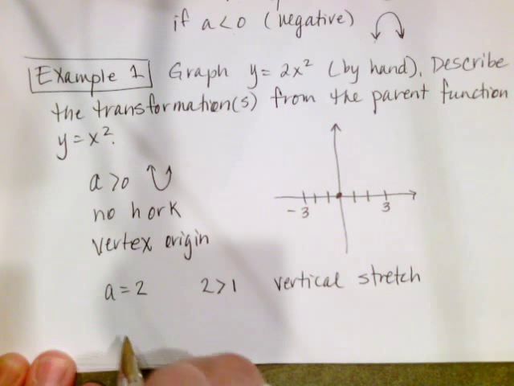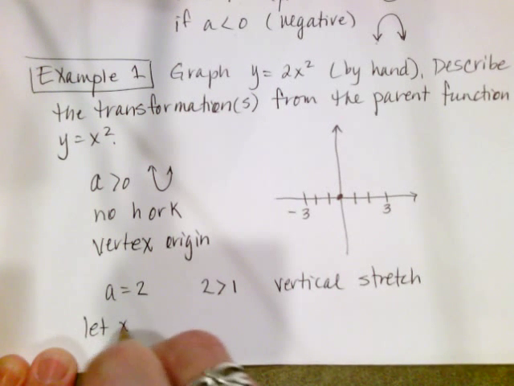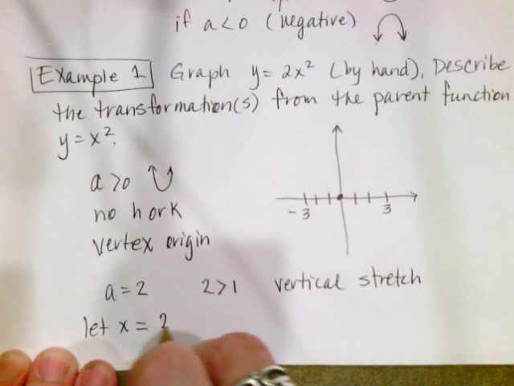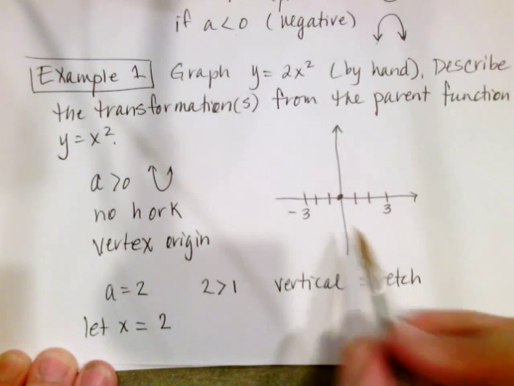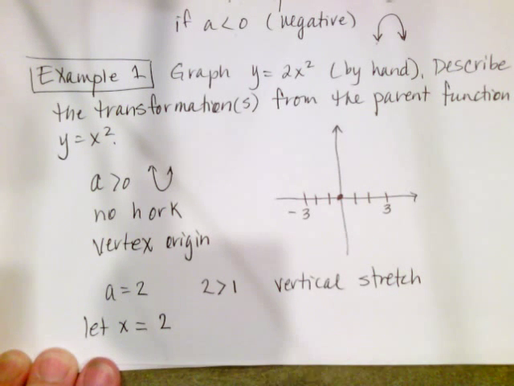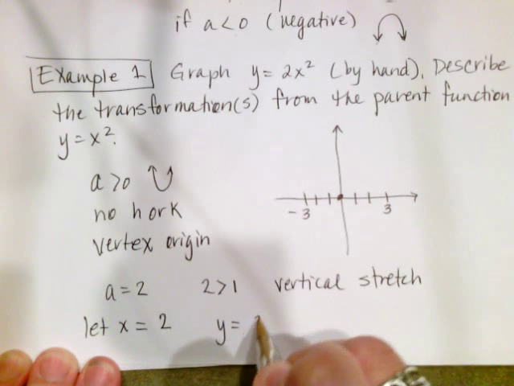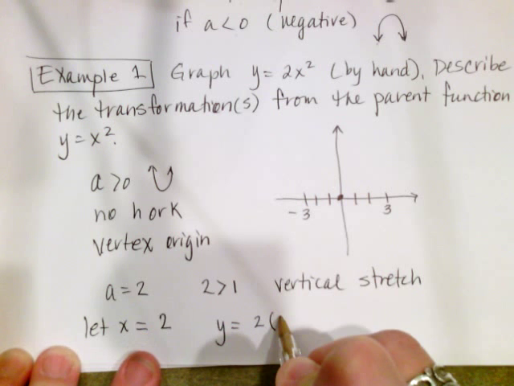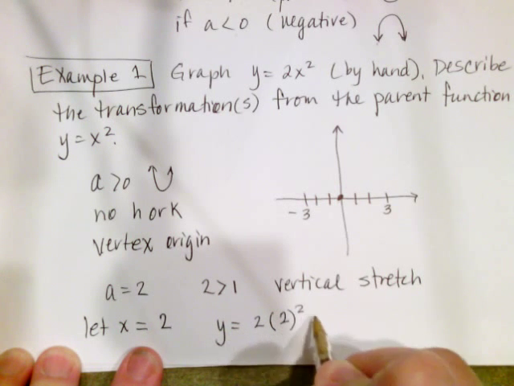So I'm going to let x equal, let's do 2. So if x is 2 and I just picked a value on either side of the vertex, then I need to find the corresponding y value. So y is going to equal 2. Here's the x that we chose, and we chose a 2, so I'm going to put in a 2 squared.